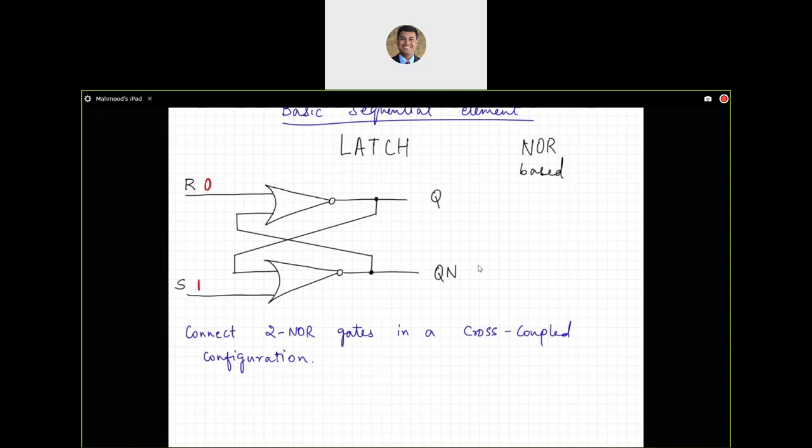If I have S as 1, we just now said that even if one of the inputs is a 1, you know that output Qn is going to be a 0. So right away, I can say Qn is going to be 0. Then that 0 actually appears at the input of the top NOR gate, and there is a 0 there. So 0 NOR 0 will give me a 1 at Q.